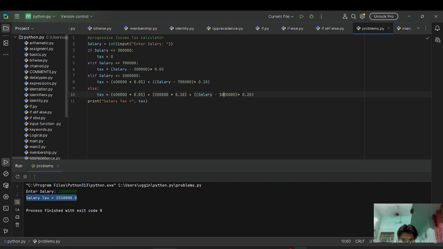Now receiving 20% means 40,000. So the total will be 90,000. This is how exactly it is going to work.